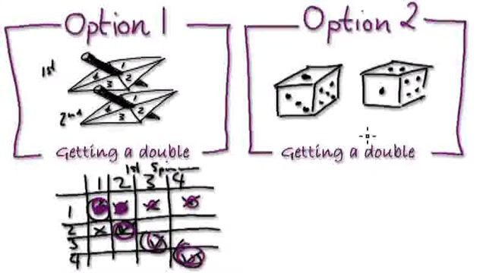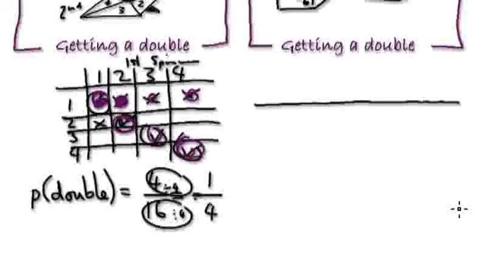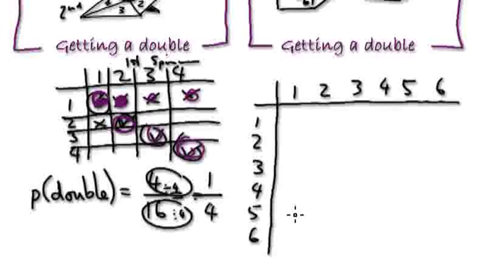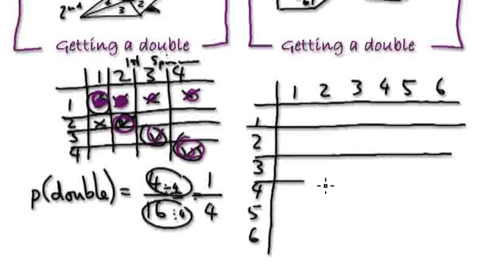What's the probability of you getting a double with 2 dice? Again, with probability, you're drawing a map of all the possible things that could happen. Okay, so 1, 2, 3, 4, 5, 6, and 1, 2, 3, 4, 5, 6. Again, it turns out that this table is really in effect a map of all the possible things that could happen.